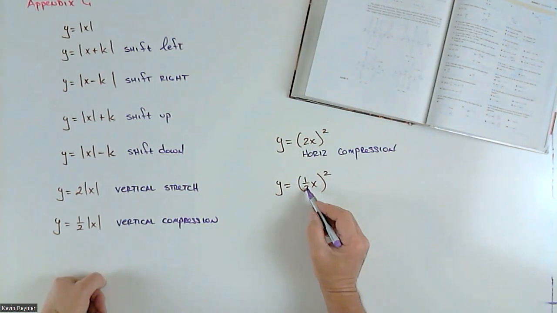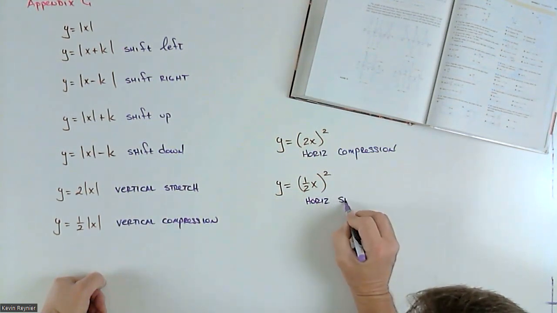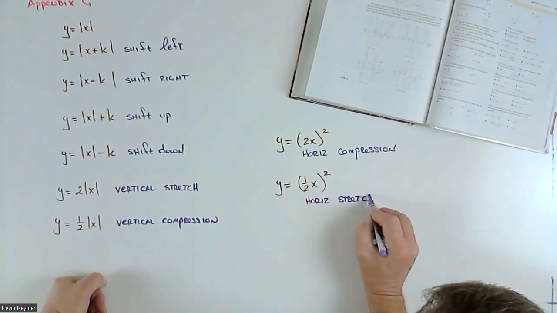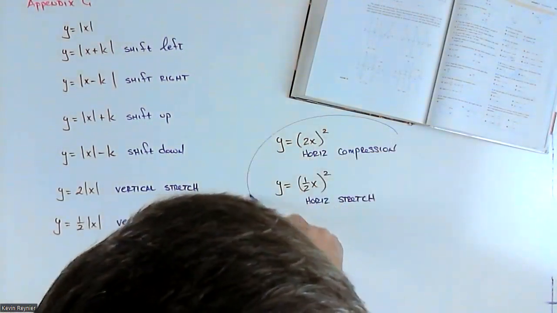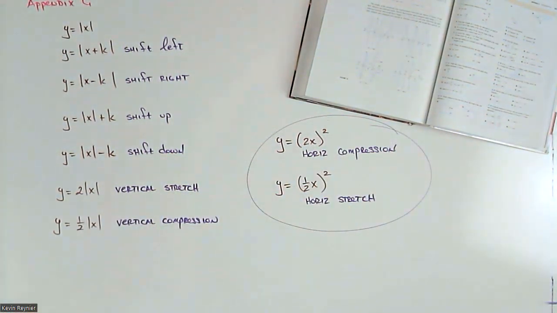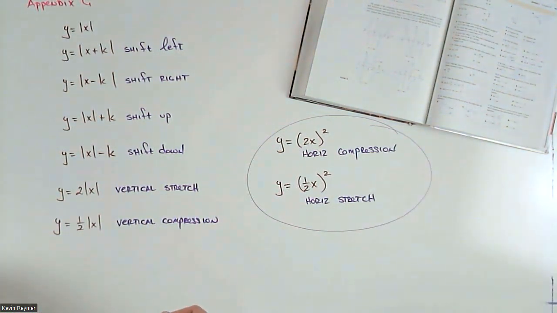And when the number is smaller than 1, it becomes a horizontal stretch. And that flies in the face of common sense, because we see the half and we think it's going to get smaller, but it doesn't. It actually gets bigger in the horizontal direction. So that's a stretch. This is the one we all had to try to remember when we were taking our test in pre-calc.